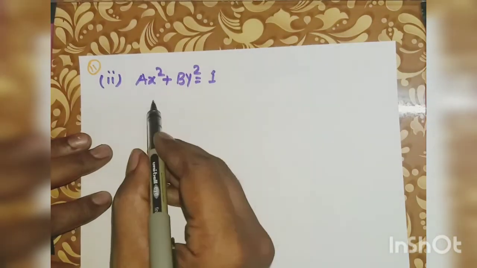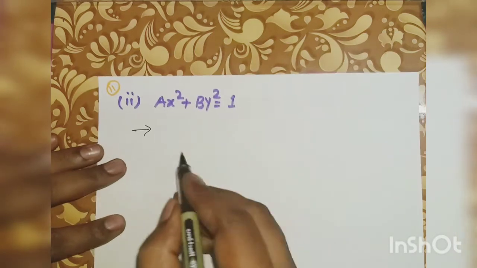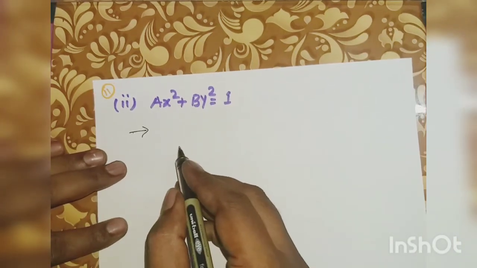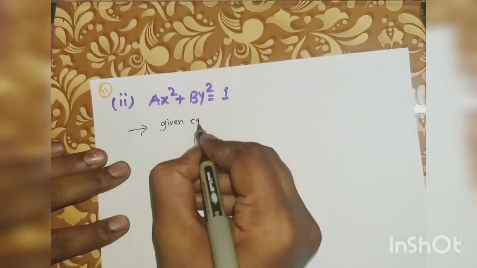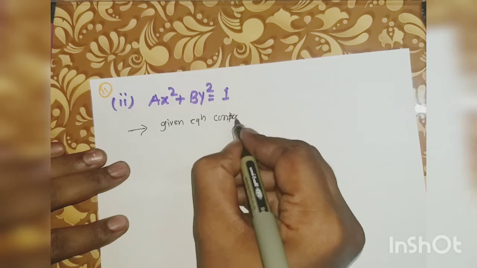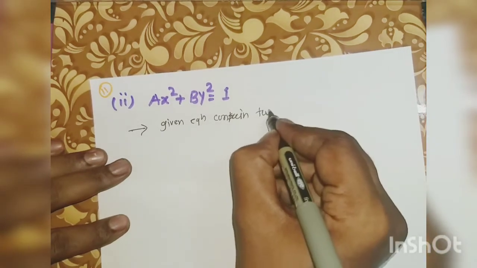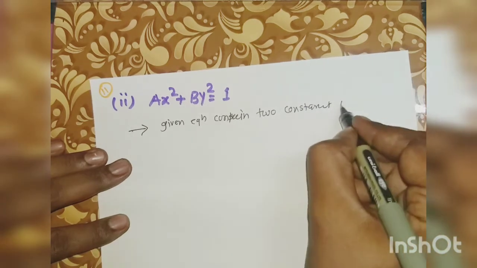Second example, ax square plus by square plus c. Now this equation contains two constants, a and b.